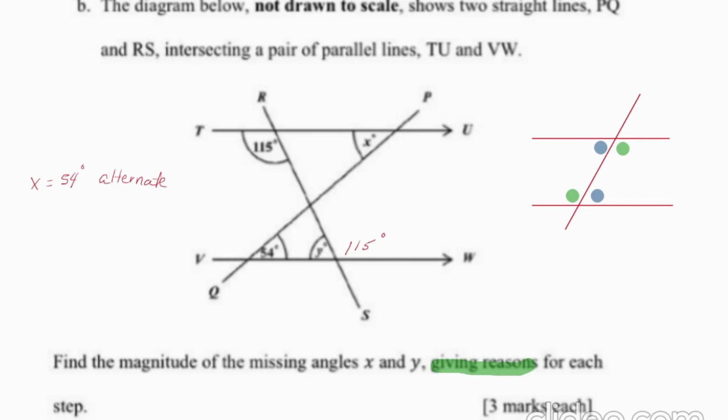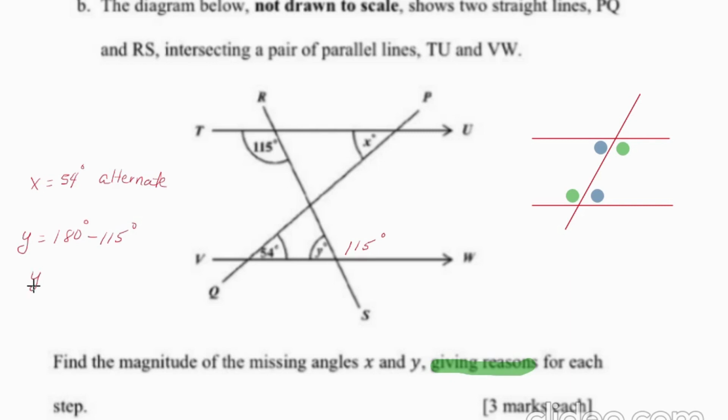Take note here. This is a straight line, which means that if you take a look at this angle y and 115, they must add up to 180 degrees. So then y is 180 degrees minus 115 degrees.